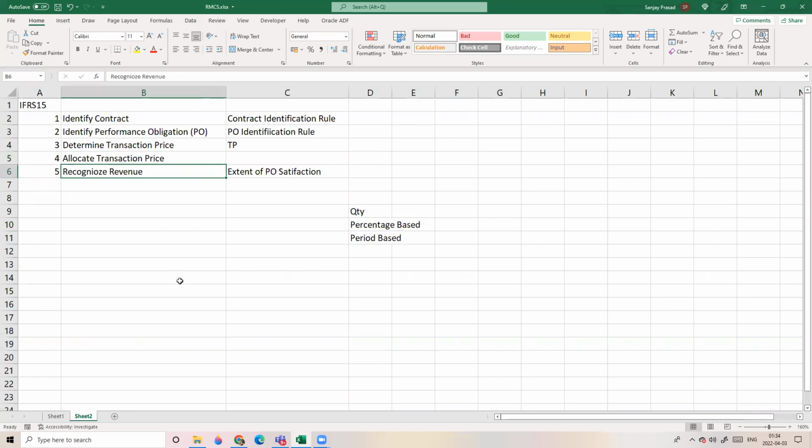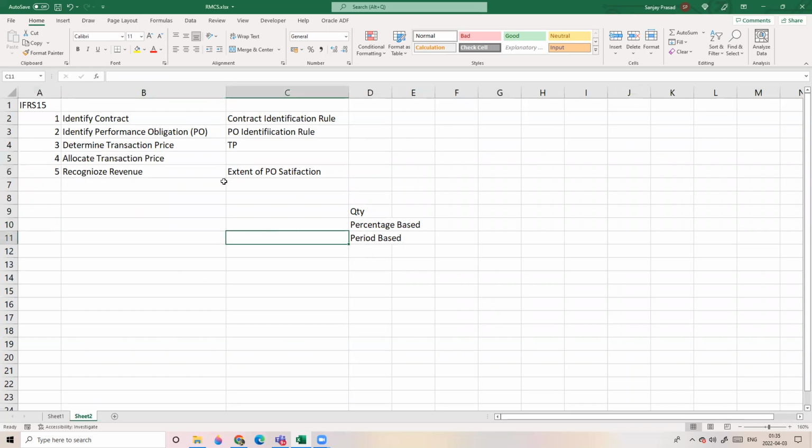As we know, as and when a product or service is delivered and the customer accepts that they are satisfied with the delivery, we recognize the revenue.